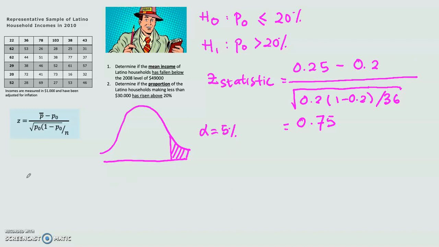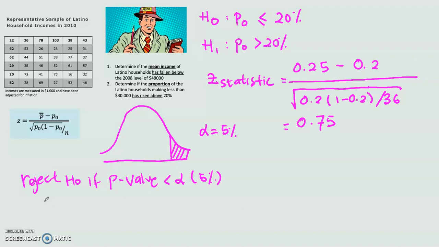So the rejection rule would be: reject H0 if p-value is smaller than alpha, which is 5%. The question is now, what is the p-value? The p-value is obtained by converting the Z statistic to a probability.